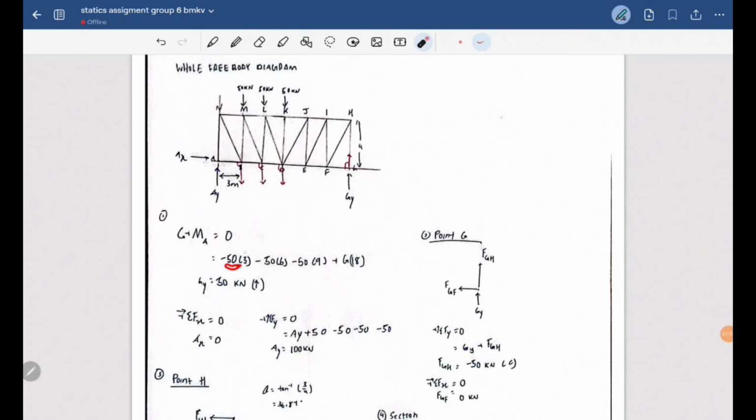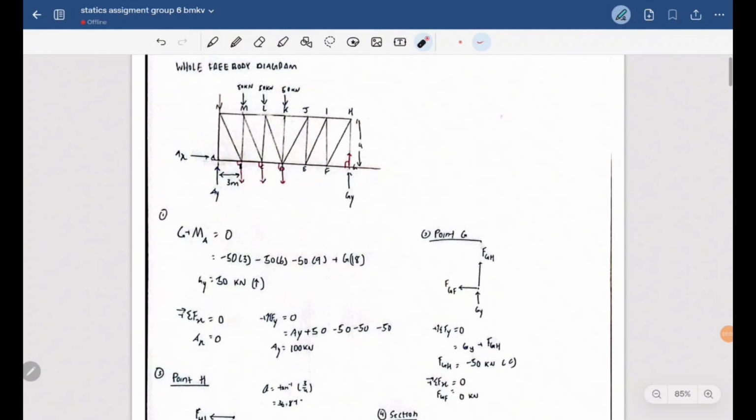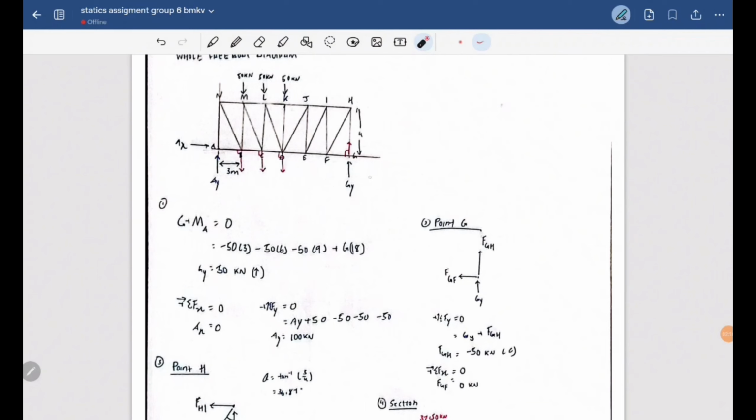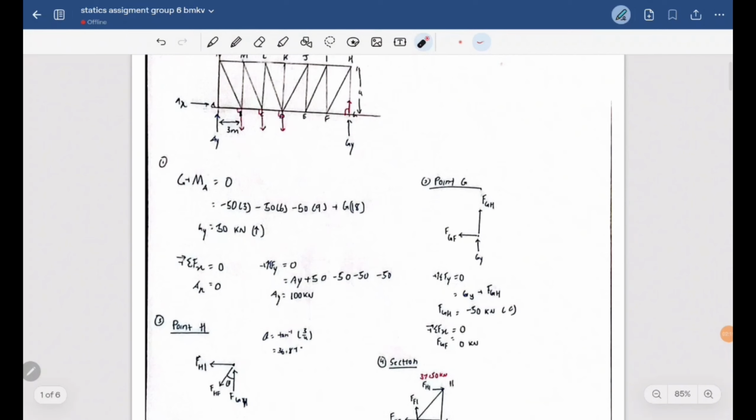So negative 50 times 3. Also with this, negative 50 times 6. Okay, 3 plus 3, and same with this. And for GY, it rotates counterclockwise, so it is positive. GY times 18, and we got GY equal to 50 kilonewton upward.